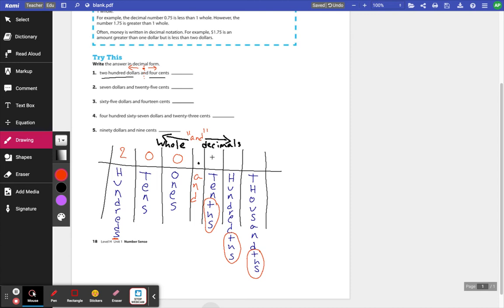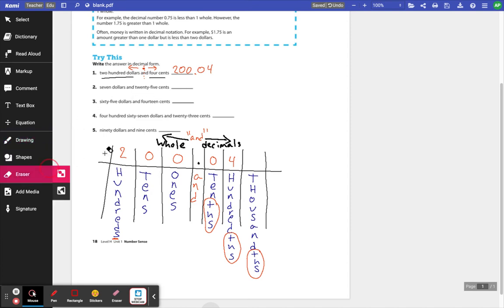Okay, so 4 would be 4 cents, right? It didn't say 40 cents for us to put a 4 in the tenths. It said 4 cents. So this is how you would write that word. Go ahead and put your answer right here, $200.04.